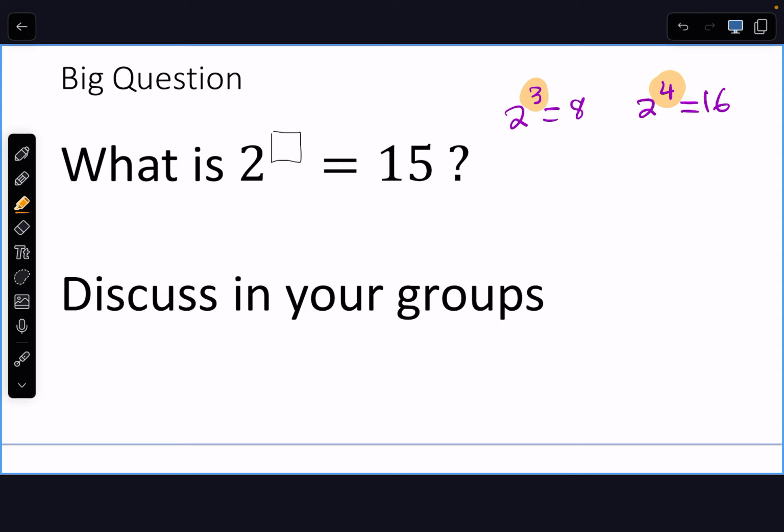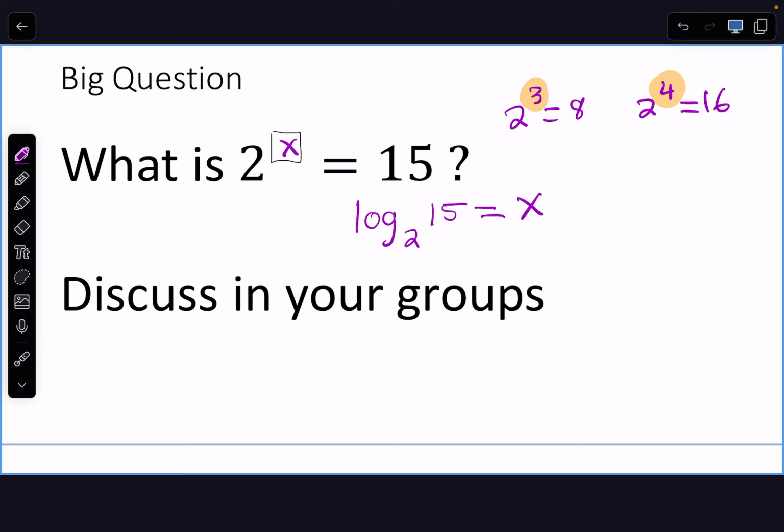And this, my friends, we're going to call logarithms, because we need to do the inverse of this statement. Like, how do I get x by itself? So what we're going to do is write it in logarithmic form. I'm going to explain what it is after, but I'm just going to write down the answer. So we're going to write log base 2 of 15 equals x.